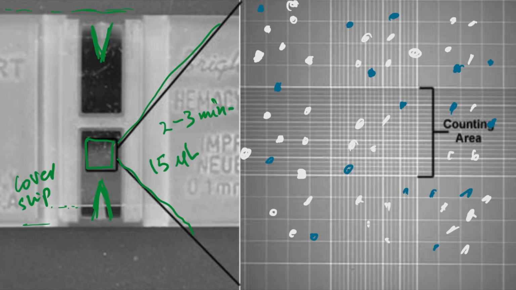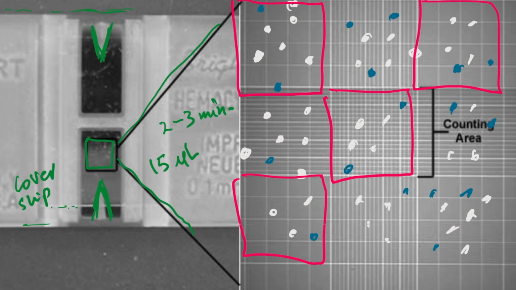We could go ahead and pick these. These are standardized most of the time. So we will only be counting cells in these 5 chambers, the 4 corner chambers and the 1 central chamber, and the total number of cells we get at the end of the count will be our cell count.